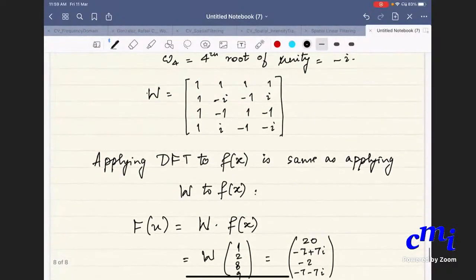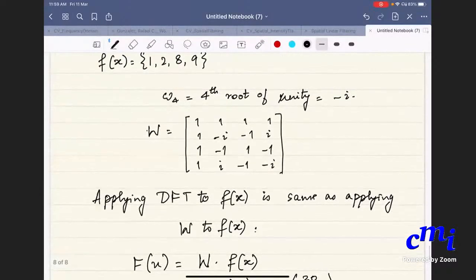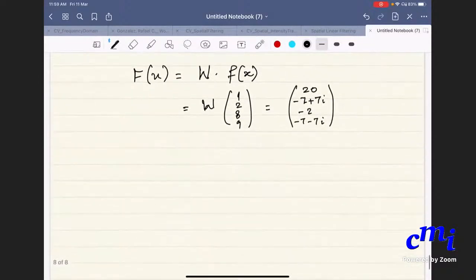So this is how the DFT can be framed as matrix multiplication, and in fact the inverse DFT is taking W inverse. You can also check that f of x is 1 over 4, which should not be forgotten, times W inverse times F of u.